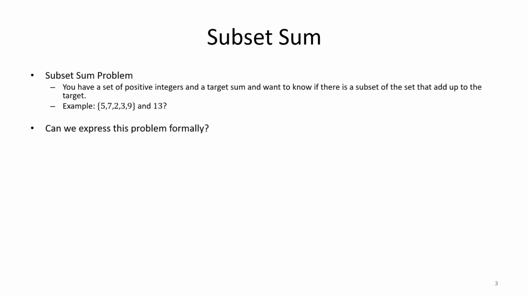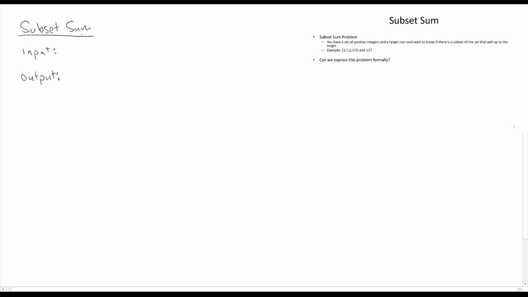All right, so if we want to formalize subset sum, we've already got an example instance over here that gives us a good way to set it up. So first of all, we're going to have a set S, and I'm going to give some notation. I'm going to say S1, S2, up to Sn.